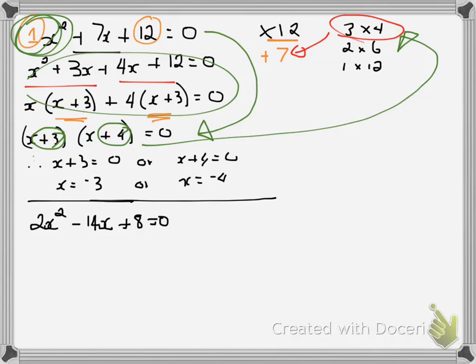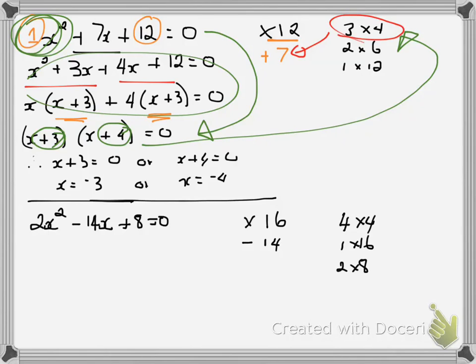Now, we need two numbers that multiply to give you 16, but add up to give you -14. Right, so what have we got here? Multiply to give 16. Well, this is not going to work, I don't think. 4 by 4, 1 by 16, 2 by 8.